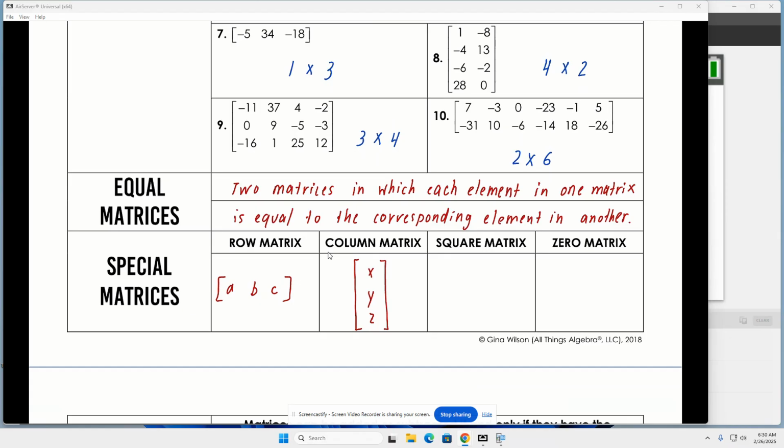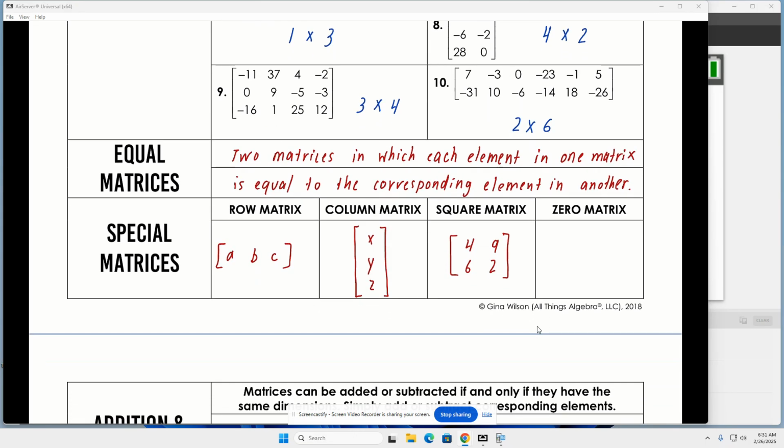You obviously have square matrices, which, looking at all the examples, we haven't had a square matrix yet. A square matrix just means it has the same number of rows as it has columns. Of course, those values could be anything. To make it a square matrix, it just has to have the same number of rows as it has columns, like this one does, a 2 by 2.